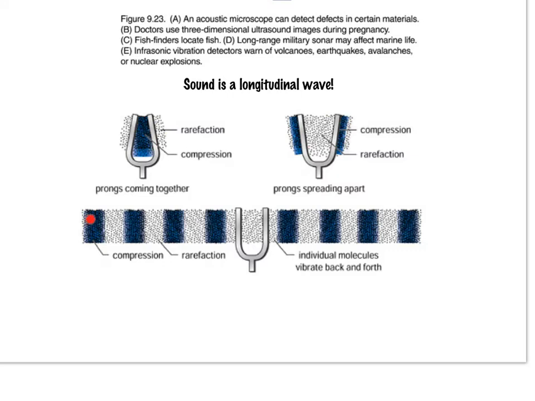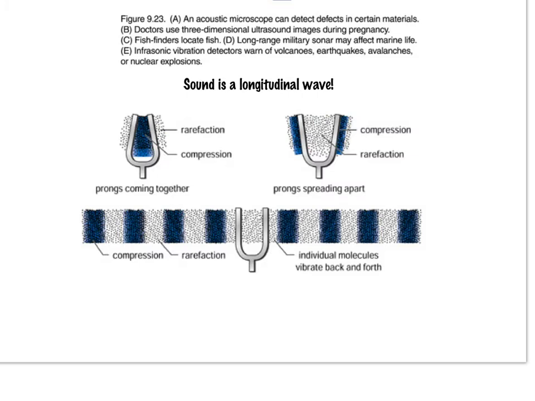And that gives an alternating pattern, just like we would have seen with crests and troughs, compression, rarefaction, right? You can imagine almost like this is crest, trough, crest, trough, crest, trough, or vice versa. I just randomly picked crest to go with compressions there.